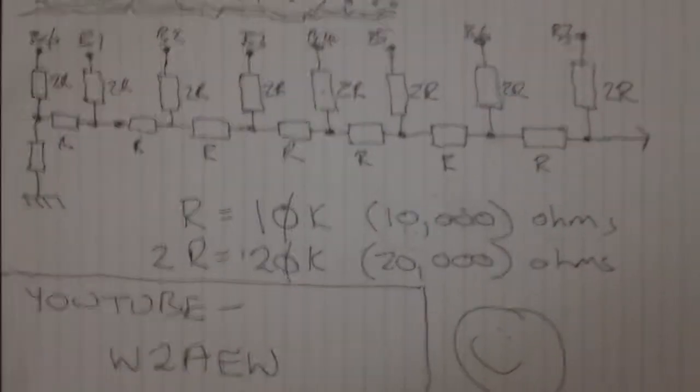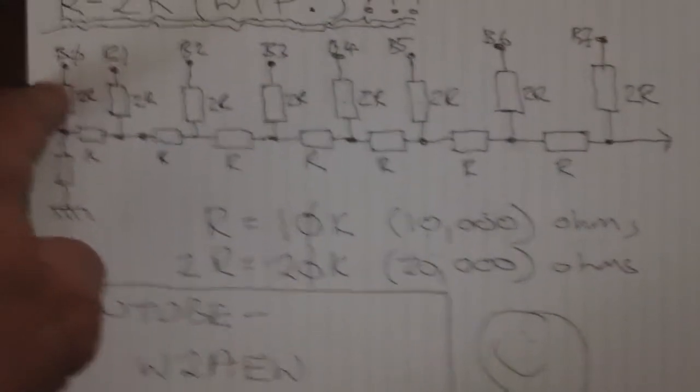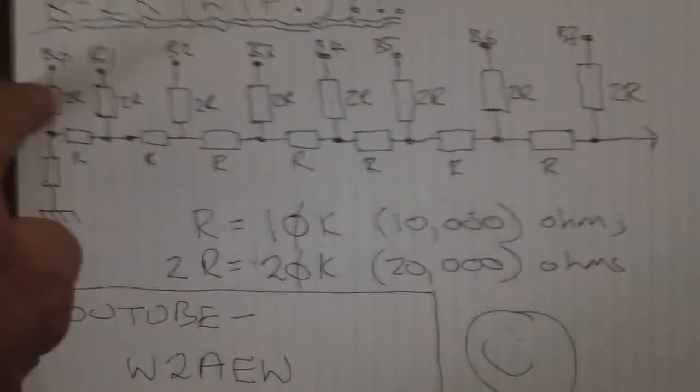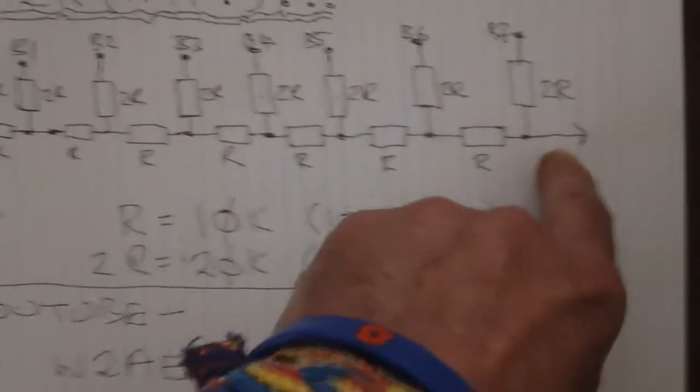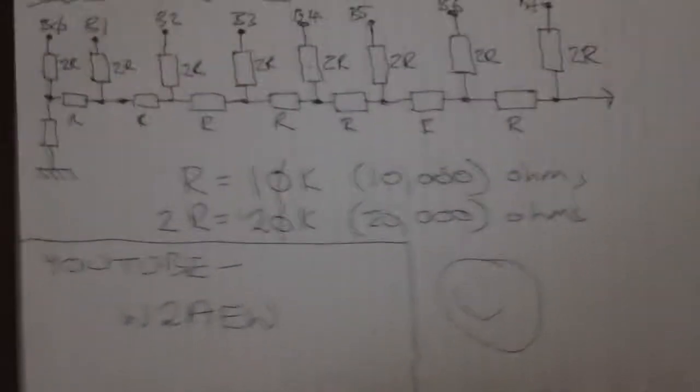And if you look at the top there, all along there, that's the inputs into the R2R array, and the output is way over here, and that goes off to the buffer amplifier. Now, I'm not going to explain all the ins and outs of how an R2R network works.